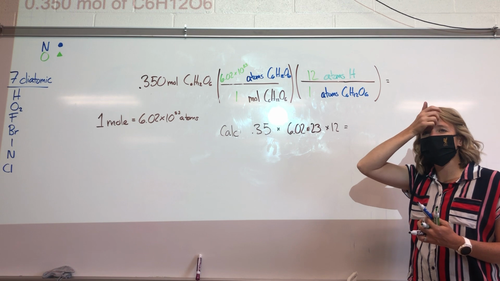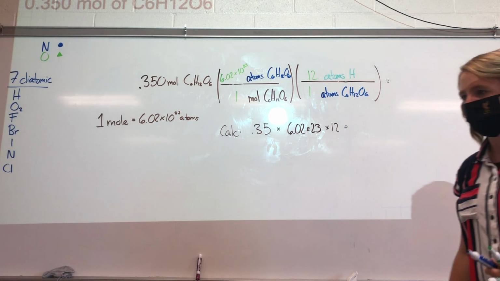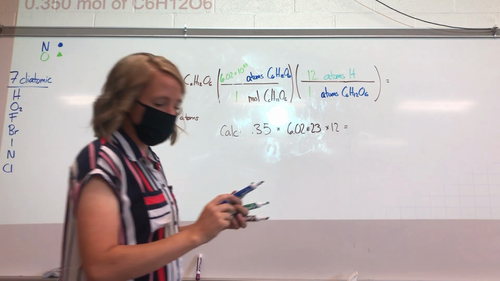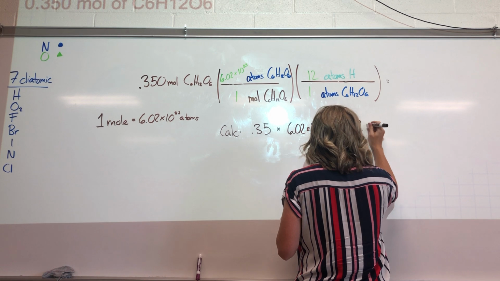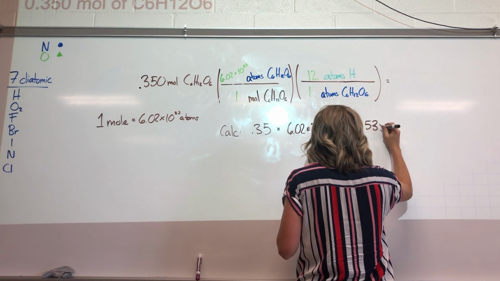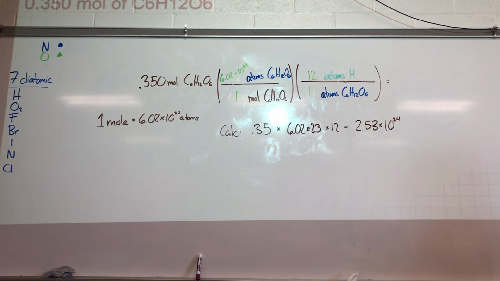I know they're simple things, but in this class we want to be all about speed and efficiency. If you plug that in right, you should have gotten 2.53 times 10 to the 24. Can we write the E instead of times 10?